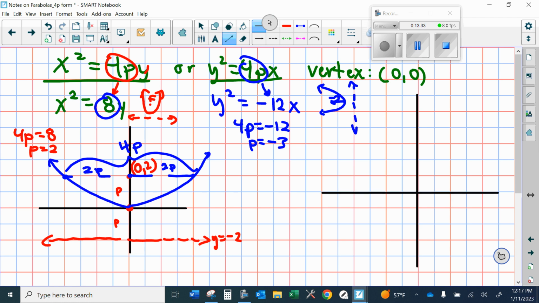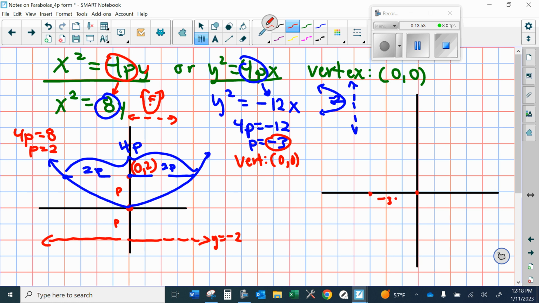Okay, so again, we know it's at the origin because there's no parentheses to shift the vertex. So let's go back and say vertex (0, 0), plot it. We just calculated p is negative 3, so that's always from the vertex, 1, 2, 3, left 3.